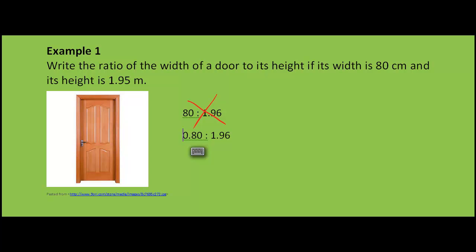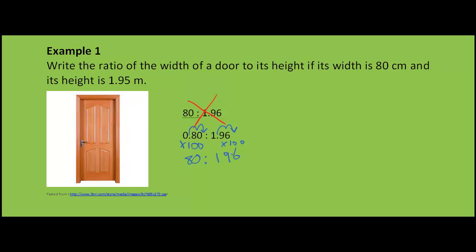We can do that by first multiplying the number on the left by 100, which will move the decimal place twice to give us 80. And if we multiply the number on the right by 100, that will also move the decimal place twice to give us 196.